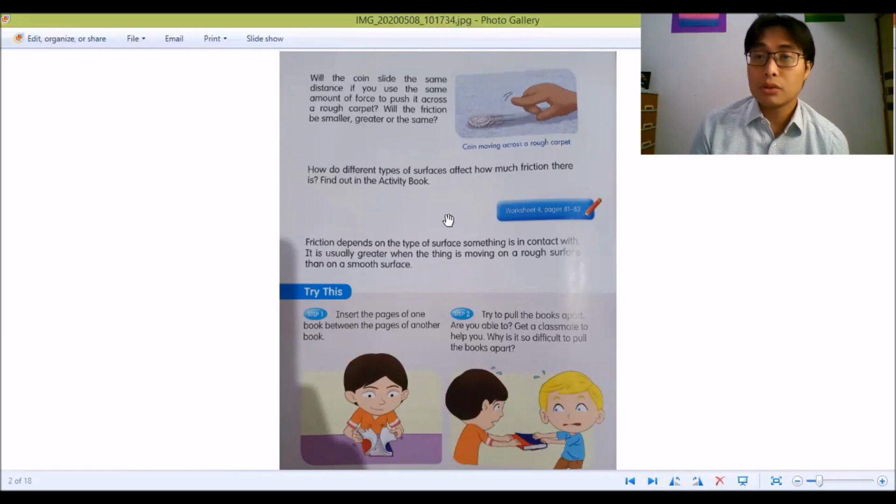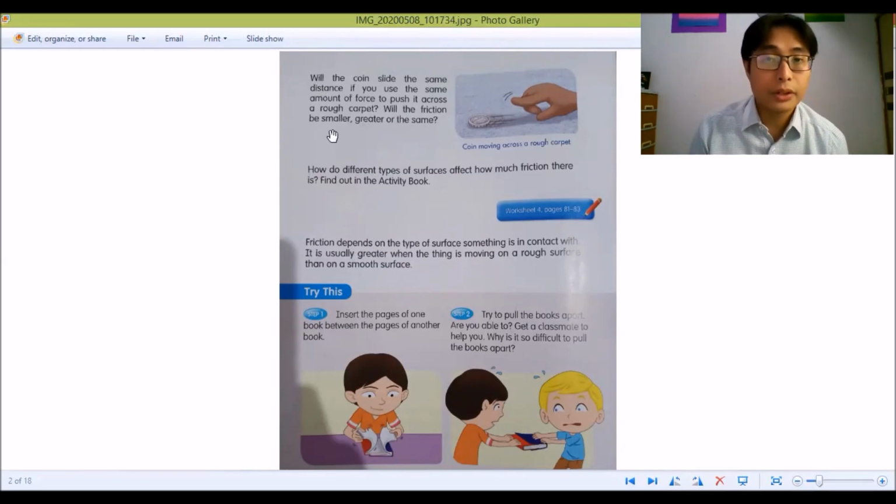So once you try to slide a coin on a rough carpet, it will have a short distance compared to a smooth surface. On a smooth surface, when you slide the coin, it will have a longer distance because it is smooth. Compared to a rough carpet, there is more friction on that.